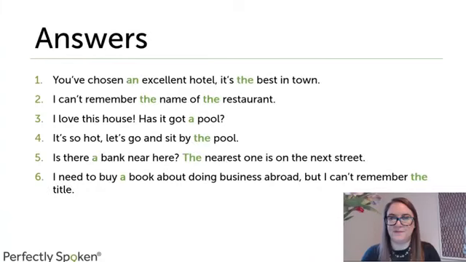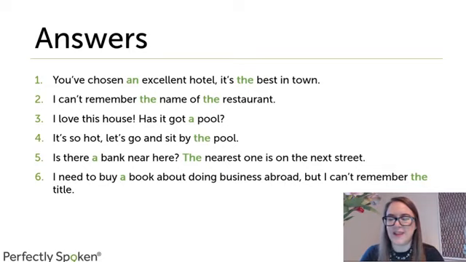Okay, shall we have a look at our answers? Number 1, you've chosen an excellent hotel. It's the best in town. Number 2, I can't remember the name of the restaurant. Number 3, I love this house. Has it got a pool?